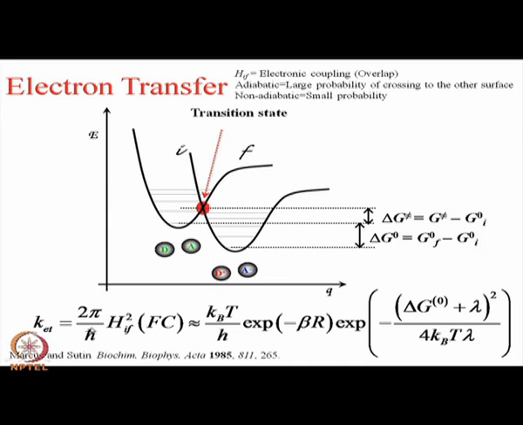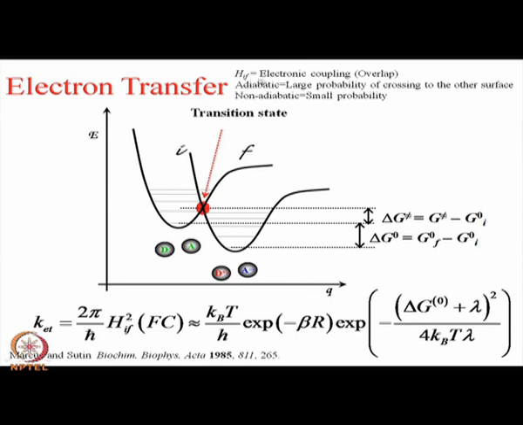The rate of electron transfer has this expression, where delta G0 is this. Lambda is the reorganization term, and beta is the attenuation factor, k is the Boltzmann constant.